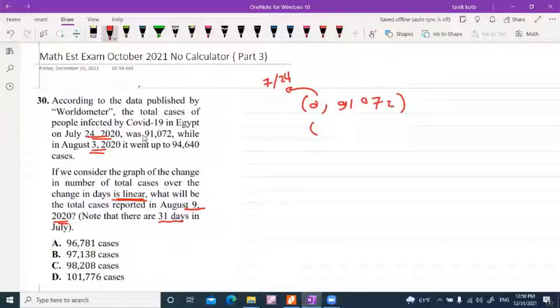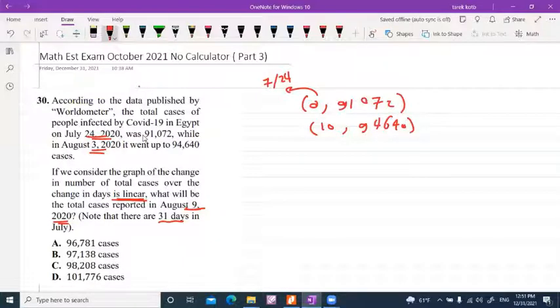Yes, 10 days, because from 24 up till 30 is 6 days, and another one because July is 31 days, that is 7, plus another 3, so it will be 10. After 10 days it was 94,640.